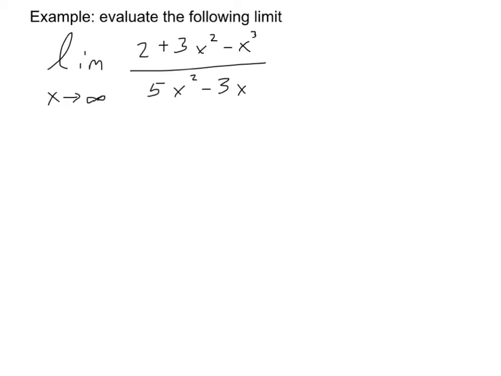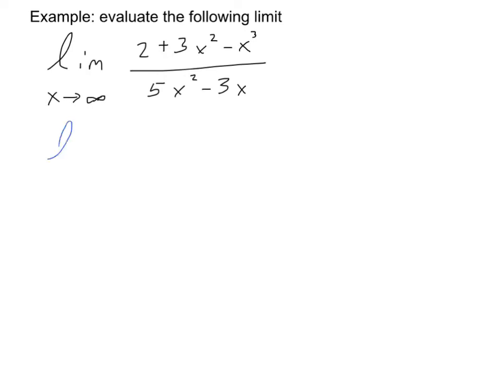So here's my first example. I want us to evaluate this limit. Using the strategy we mentioned on the previous page, this limit is approaching infinity, so I'll divide everything in the numerator and the denominator by the highest power of x in the denominator. So I'm going to divide through by x squared.